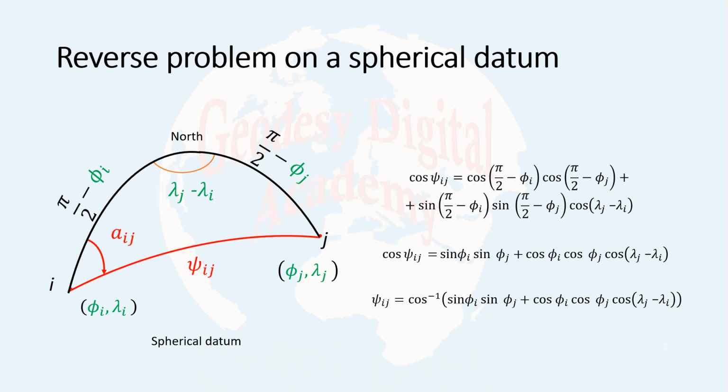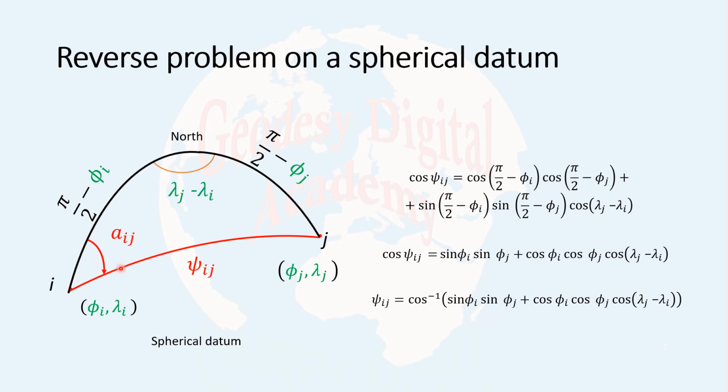As I explained before, the indirect problem on the surface of a sphere means that we have coordinates of both points, and we want to determine the geocentric angle between the points and the azimuth. As you see in the figure, the green ones are the quantities that we already have, and the red ones are those we want to determine.